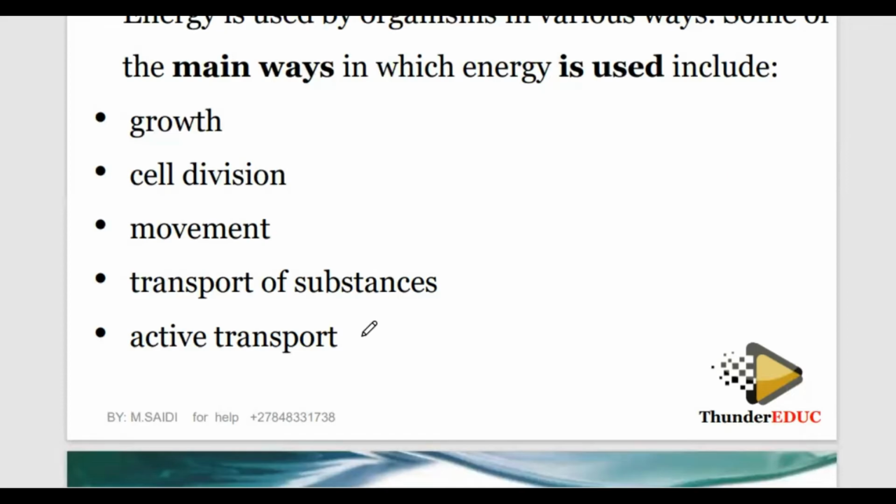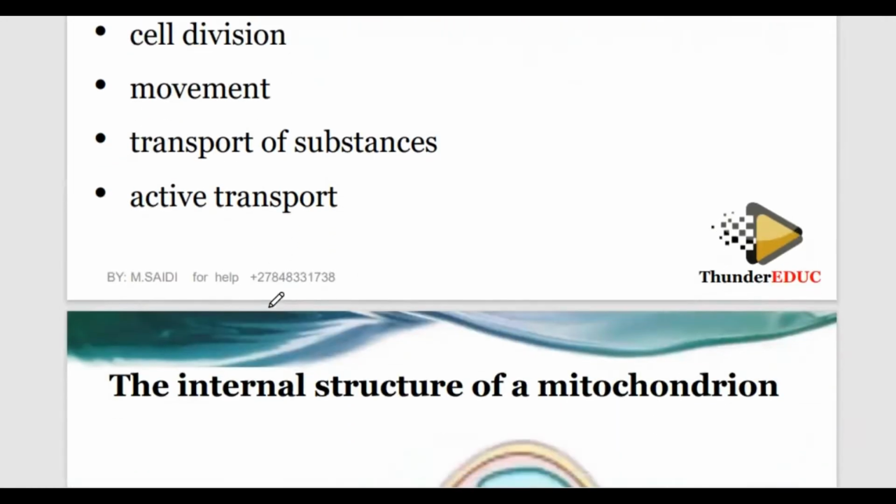So these processes, they're active. They require energy for them to be able to move from one place to another. Or sometimes those substances which are carrying them require to contract and relax, and this contraction requires energy. Hence, energy is needed for transport. And lastly, active transport.